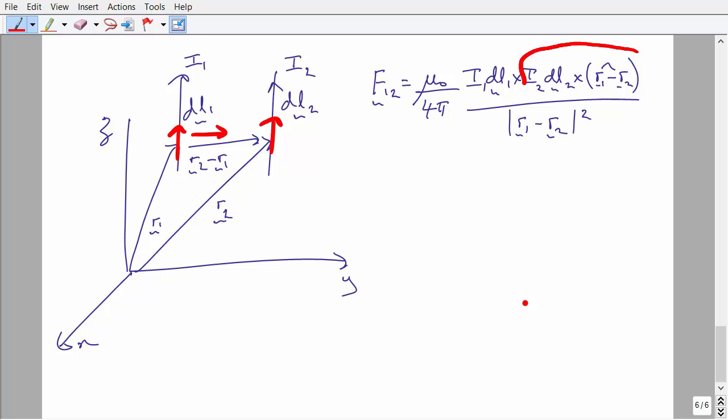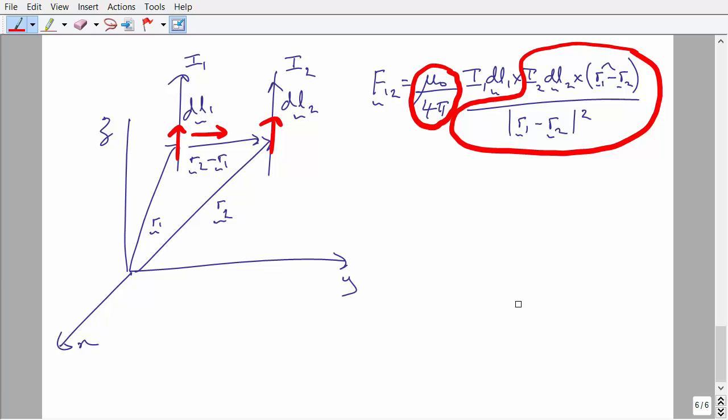Let's identify this piece here, and we'll group in these constants. These terms we're going to call the magnetic field at location R1 due to the current flowing in differential element dl2.